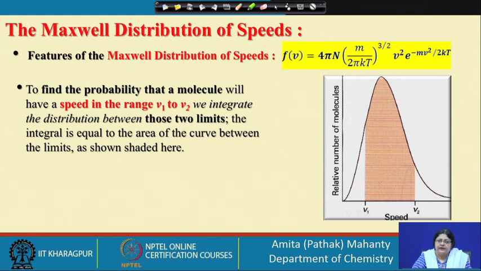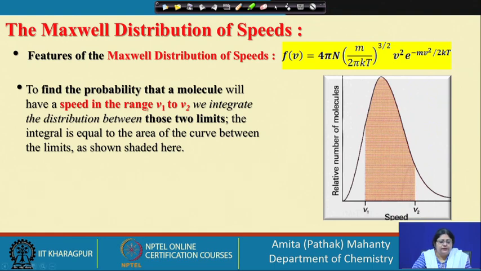When I integrate the area between the two limits, I get this shaded area, and this shaded area of the curve is equal to the probability that a molecule will have a speed in the range, say, 30 to 40 meters per second, or between V1 and V2.